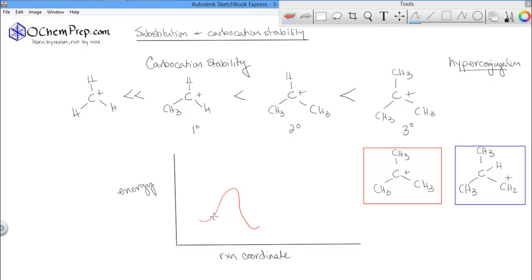And my blue pen will indicate the primary carbocation. Reactions aren't smart, or maybe they are. They will always take the path that is lower in energy. So it's important to know which carbocation is more stable than another to be able to predict the product of the reaction.